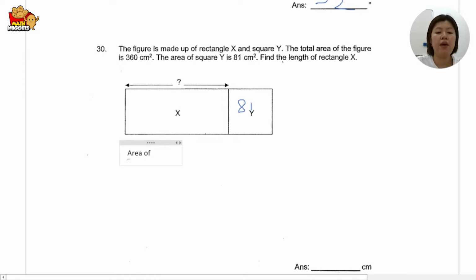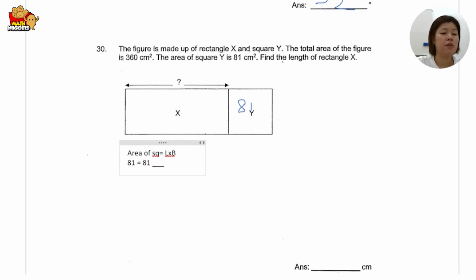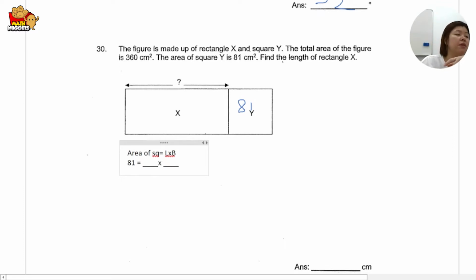Area of square is length times breadth. Okay, and we know that square all sides are equal, so meaning 81 is equals to something times something, and it must be the same number.